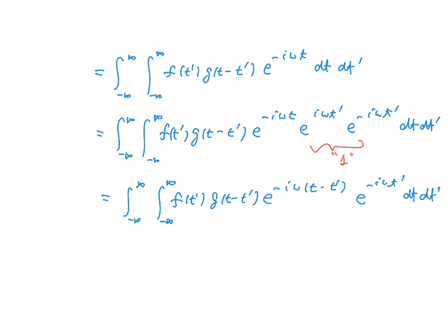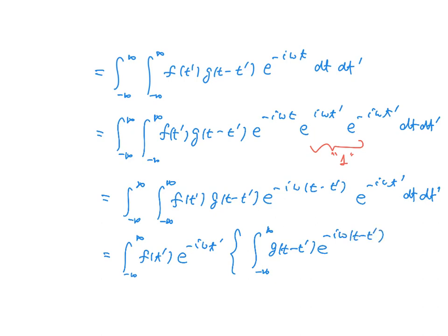So let's do the t integration first. We can put f(t') e^{-iωt'} outside, and then do this integral first: g(t - t') e^{-iω(t - t')} dt dt'.